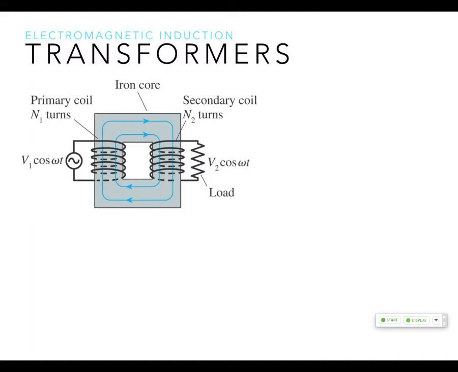So it's just for one loop that the flux is maintained because the magnetic field is the same and as long as the loops have the same area, that means the flux is the same, but the number of coils is not. Okay, so we're going to call this N1 d flux dt. Okay?